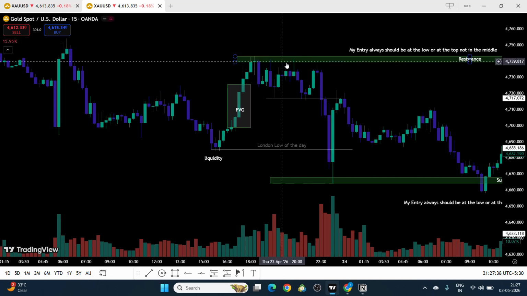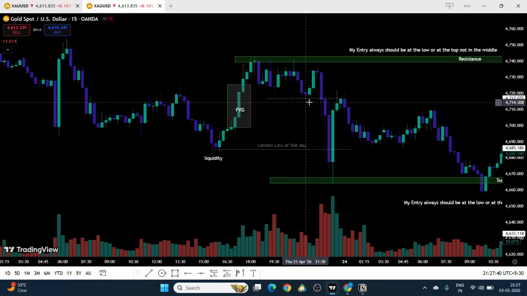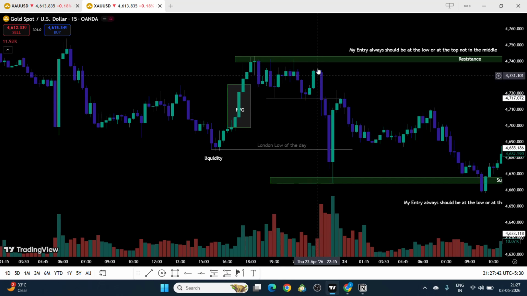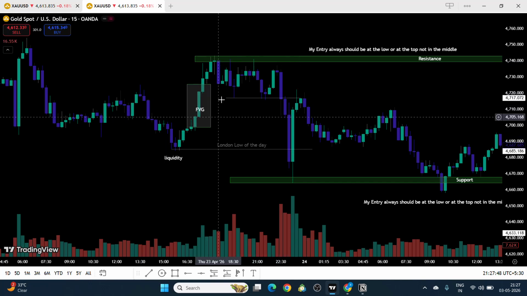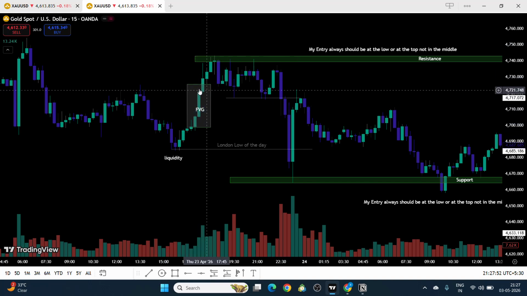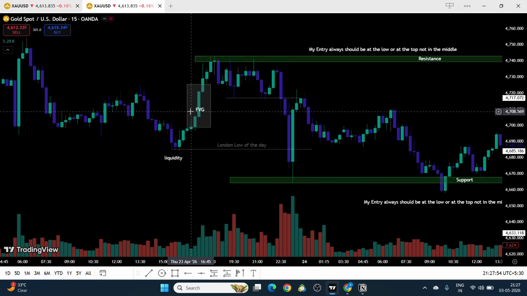This is the high and it is not able to take the next high, though it has created so many lows. Here it is very clear that it is a fair value gap.